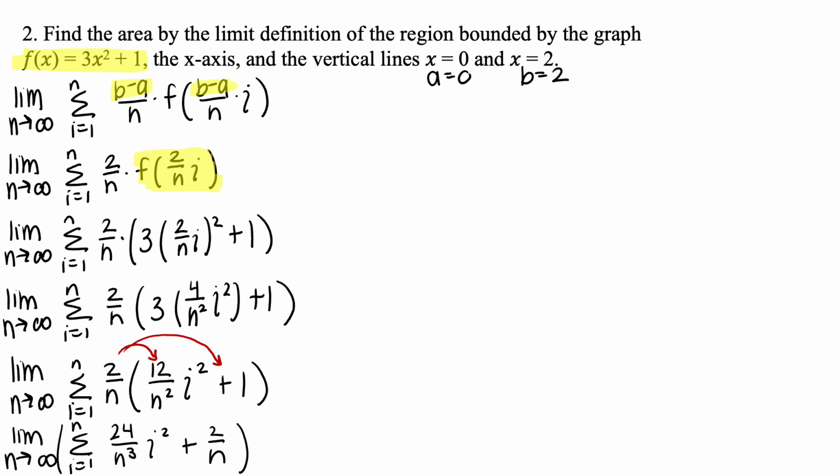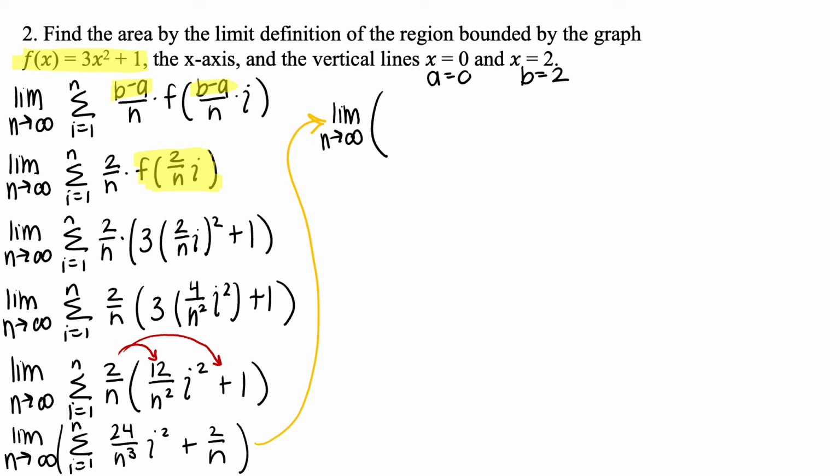Now that we've rewritten that, we can go ahead and separate our summation. So I'm going to bring this up top here. Let's keep our limit on the outside. And then we can split this and pull those constants out front.